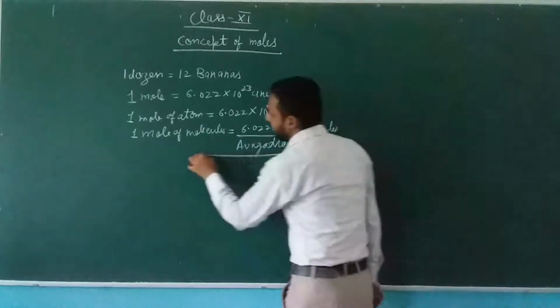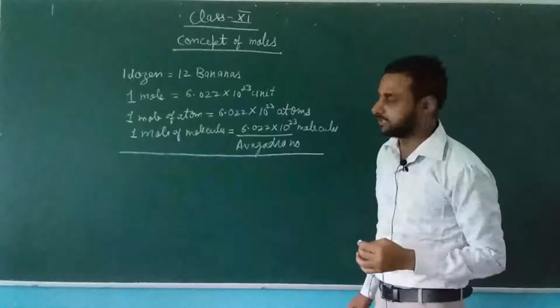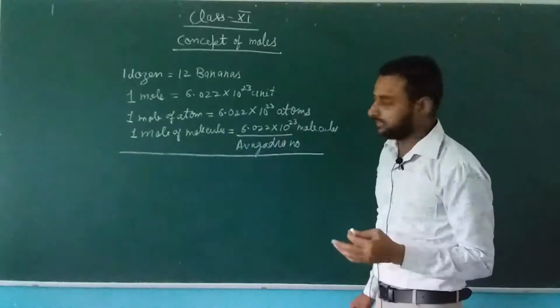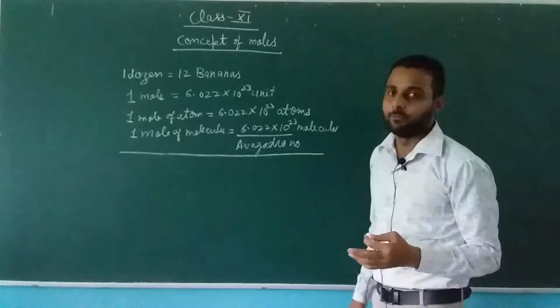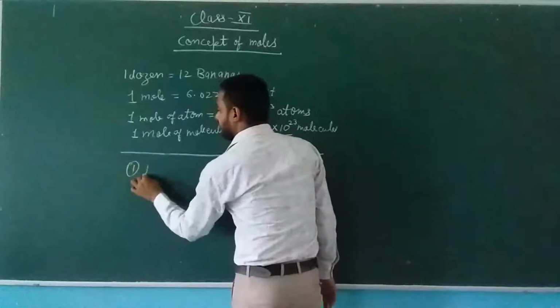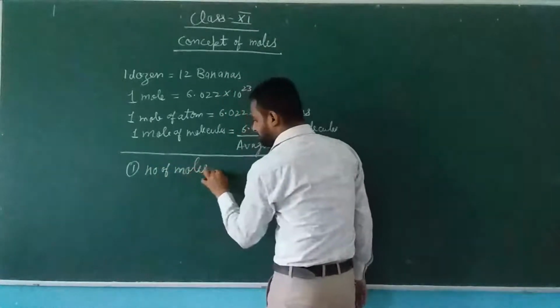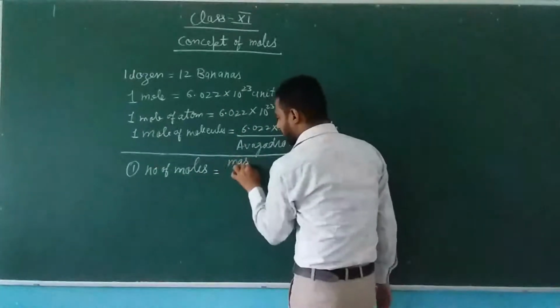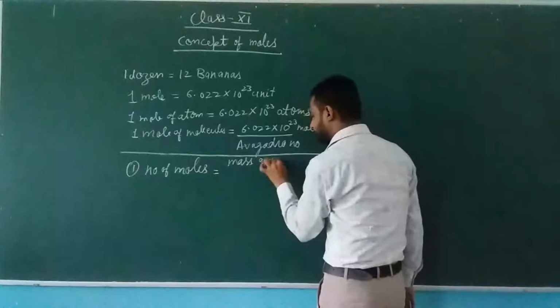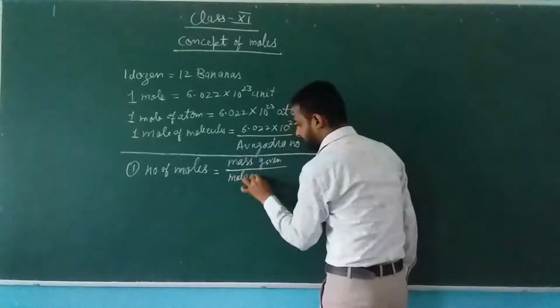So by these notations we can find out the number of moles. I am going to write 3 formulas of finding number of moles, and these are as follows. Number 1, number of moles is equal to mass given upon molar mass.